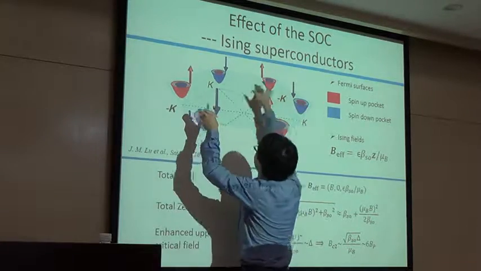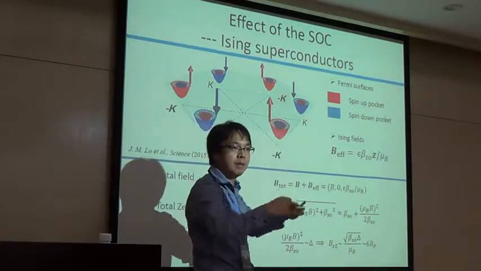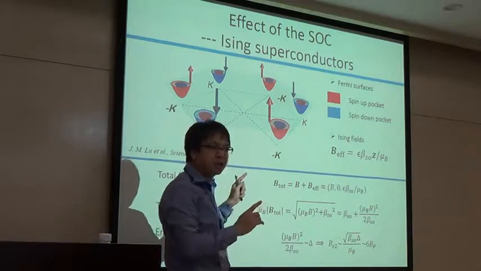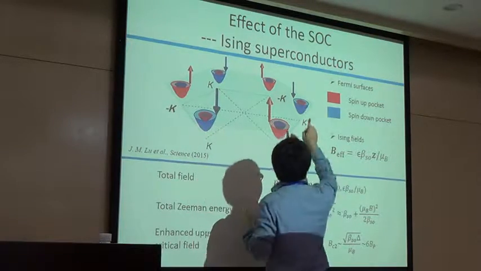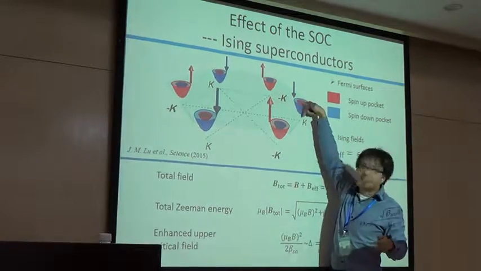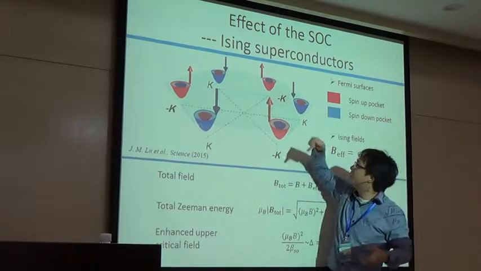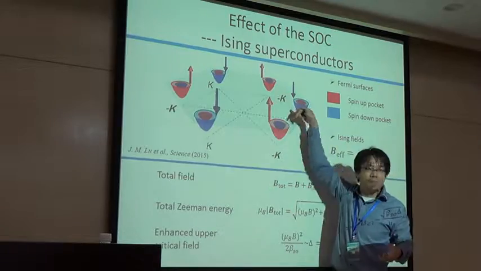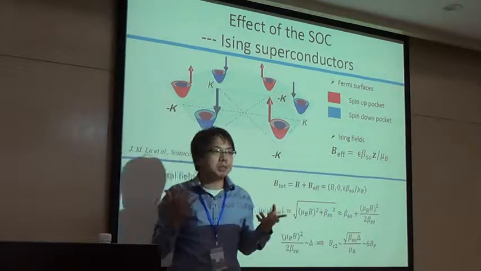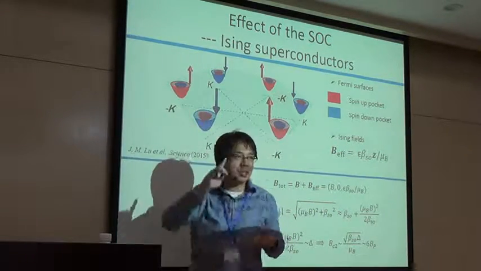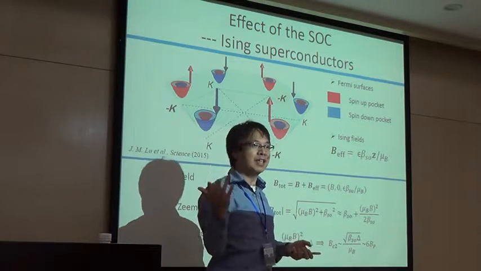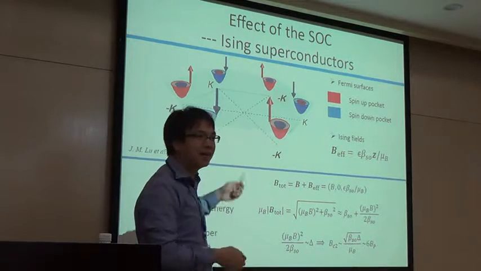Here are the pockets of the Fermi surfaces. Because of spin-orbit coupling, at this pocket it's spin down, so you have an effective magnetic field which points down. But in this other pocket, the electrons experience the opposite magnetic field, and that is up.